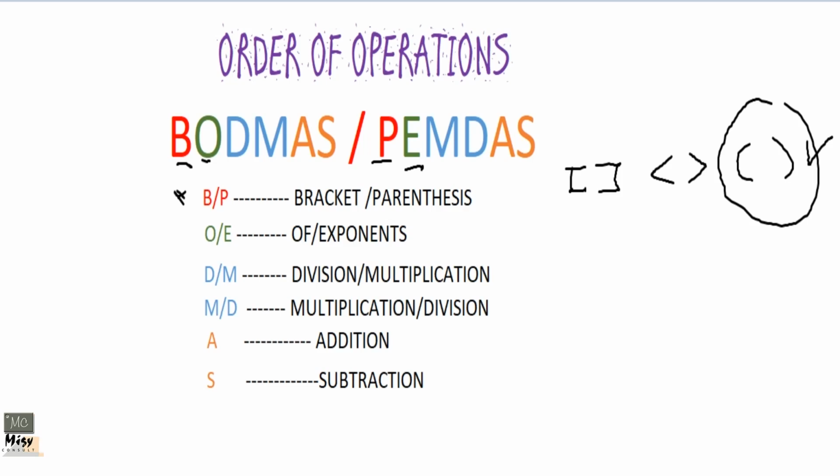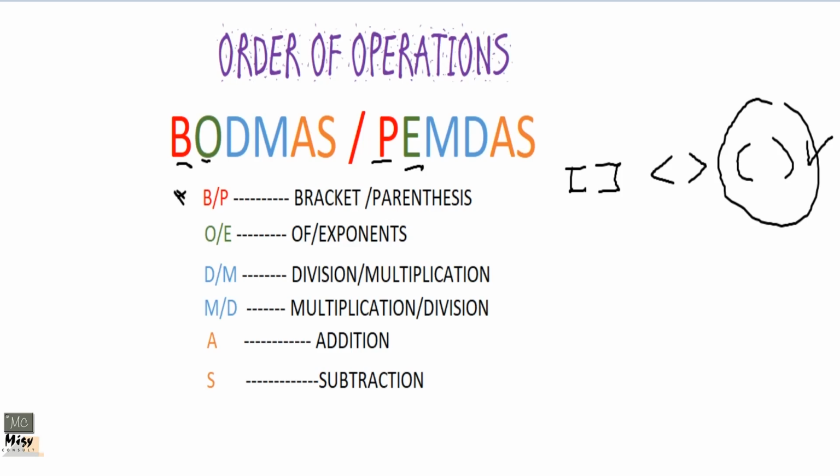It means that after you've solved everything that can be found in brackets, simplified them into a single number or expression, you will now move to solve for any exponents you find. Once again, listen carefully.